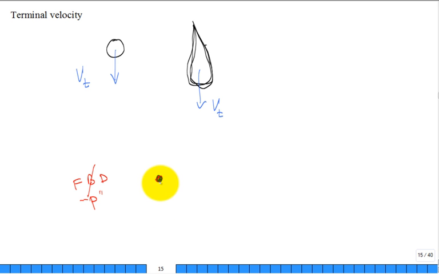We have gravity, its weight, and we have the drag force, and there could be one more if the fluid has some significant density compared to the object. For example, if I drop in a piece of cork in water, what do you think?